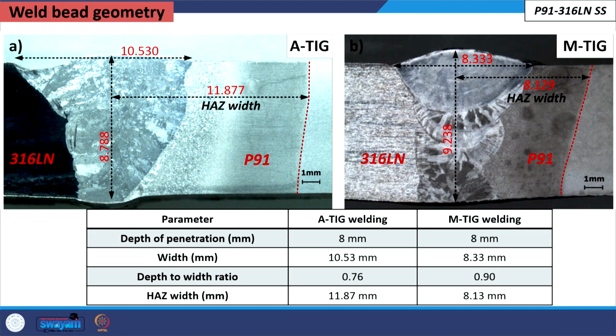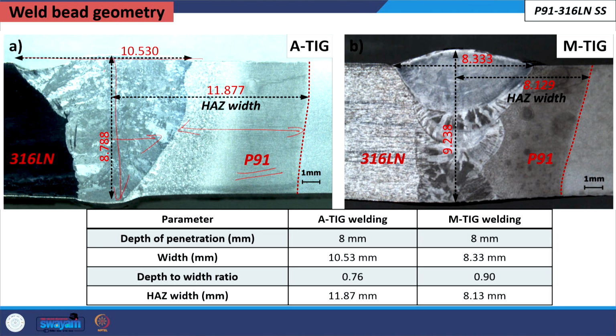The weld bead geometry, if we see, is still shifted more towards the P91 side because of the higher thermal conductivity, but it is not that asymmetric. The weld width is 10.53, and the heat affected zone width, the distance from the weld center, is 11.8, and that is what we can calculate from the fusion boundary.